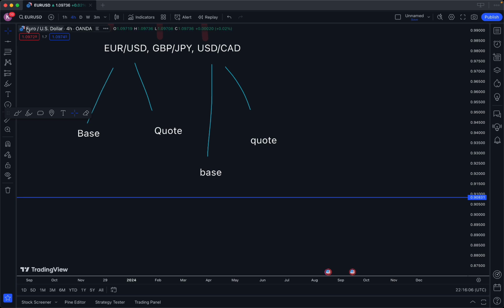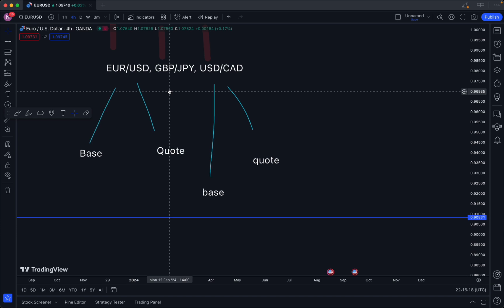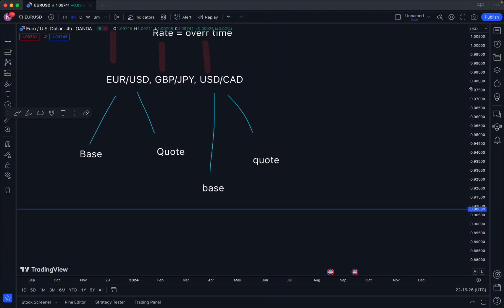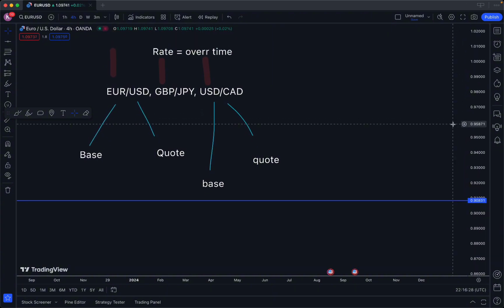It means if you are holding 1 euro, you need 0.9083 United States dollar to get this 1 euro you are holding. Same applies to USD CAD, GBP JPY. So the first currency is always 1 in the currency pairs, and the second one is what is written on your trading platform.